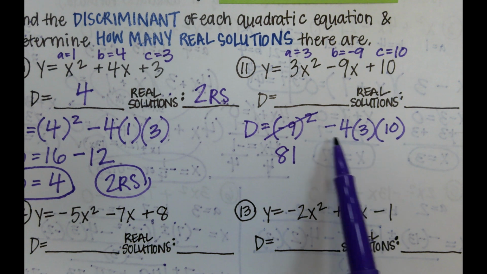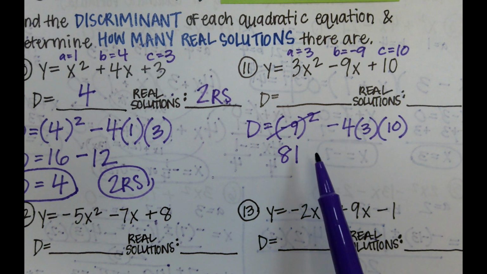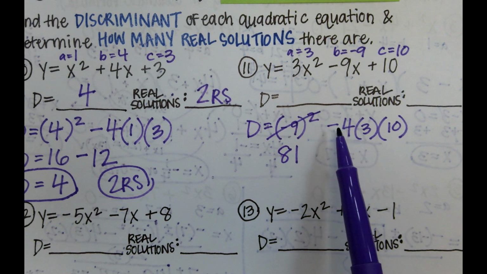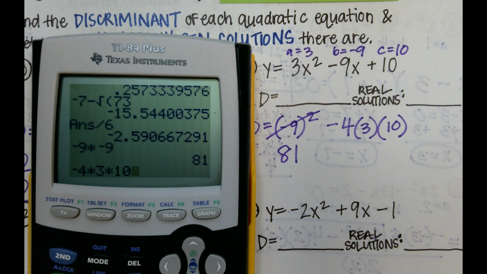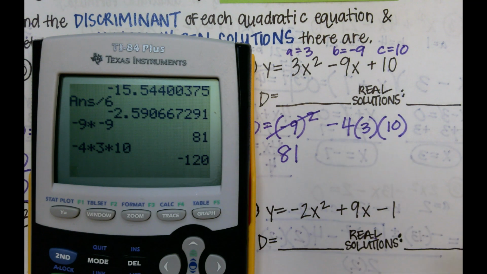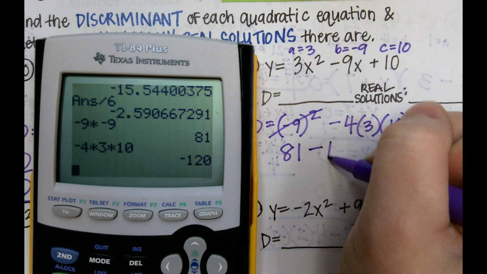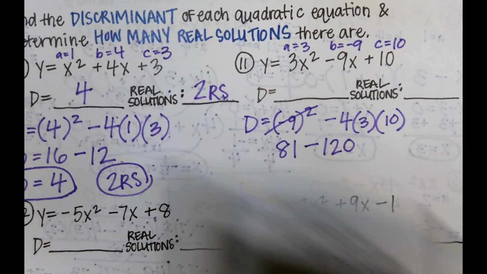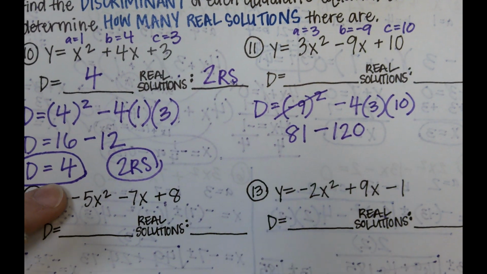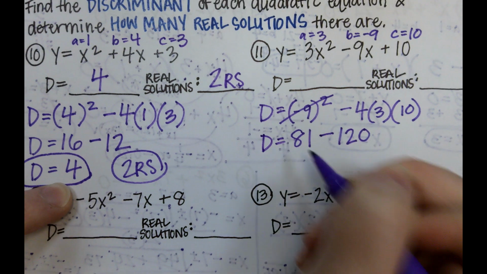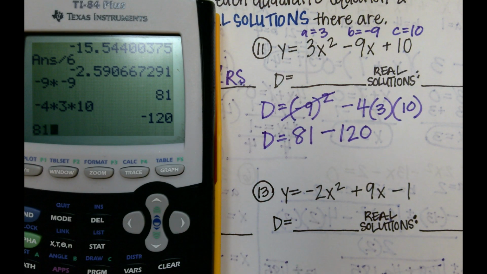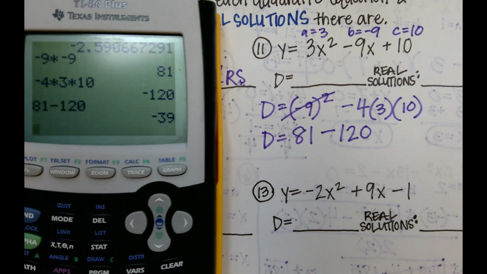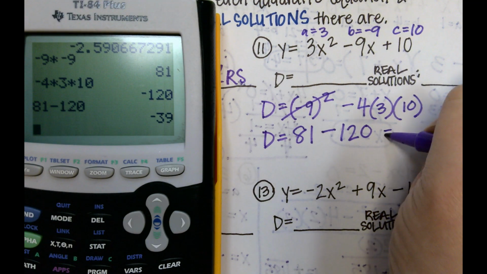Now, what am I doing with the second half of the numbers? Negative 4 times 3 times 10. Good, we're just multiplying them. Negative 4 times 3 times 10 is negative 120. So now what do I do? 81 minus 120 is negative 39. Would it be minus negative 120?